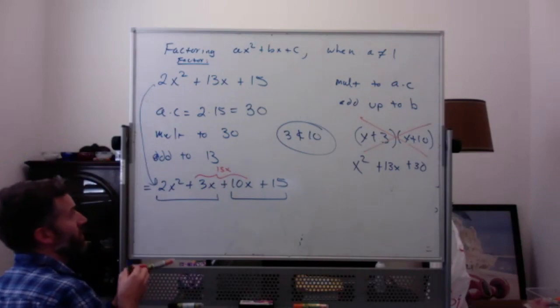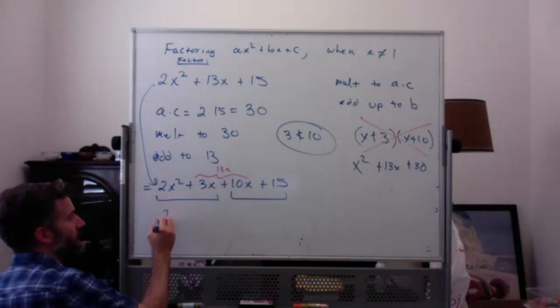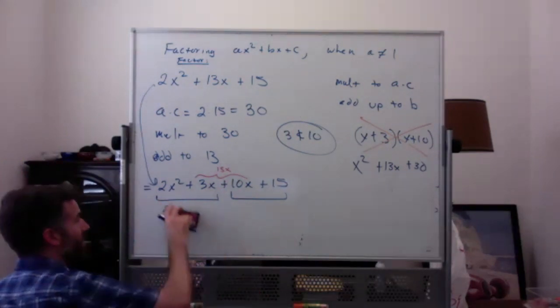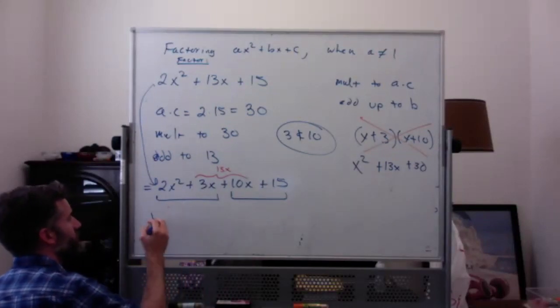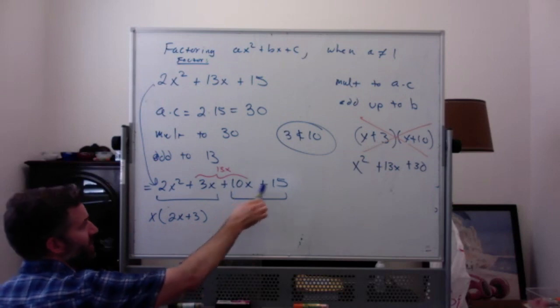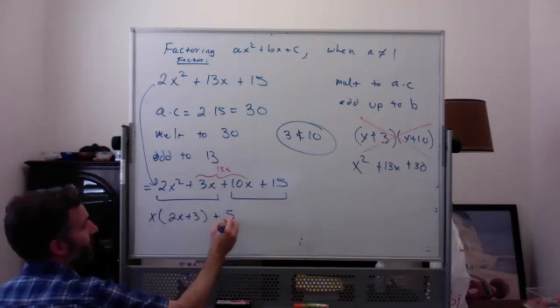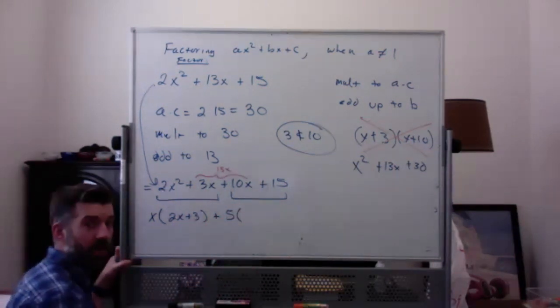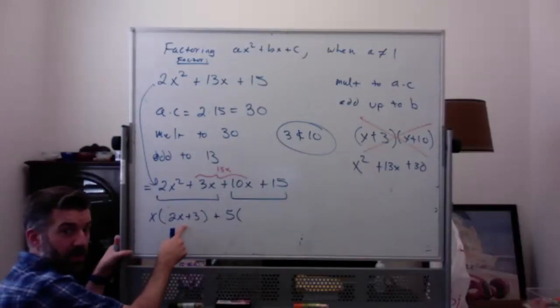So 2x squared plus 3x, I can factor out an x, not a 2x. I'm left with a 2x plus 3. 10x plus 15, I can factor out a 5. And I hope that I'm left with a 2x plus 3.